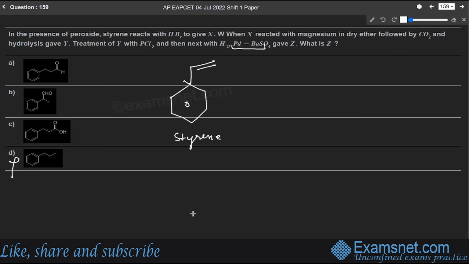When you react it with HBr in the presence of peroxide, that follows anti-Markovnikov's rule, right? So hydrogen would be added to the carbon which already has fewer hydrogen atoms, and bromine would be added to the one which already has more hydrogen atoms. So the structure would come in this way.